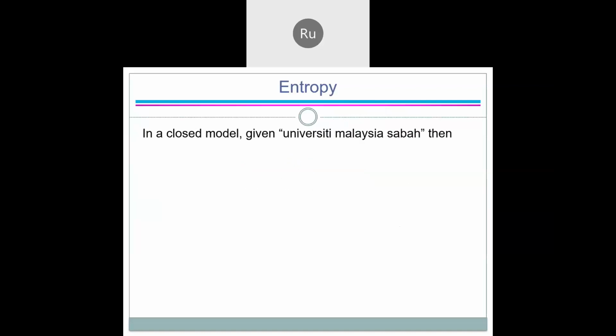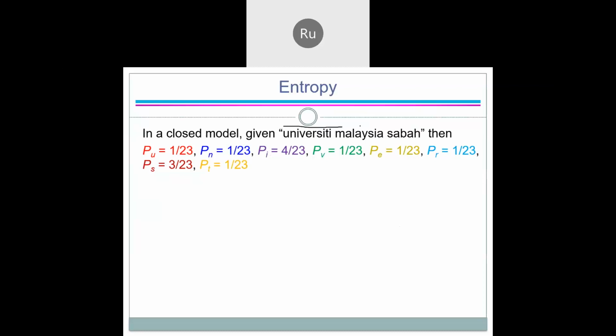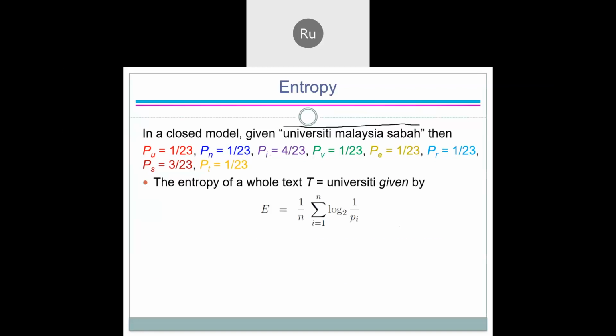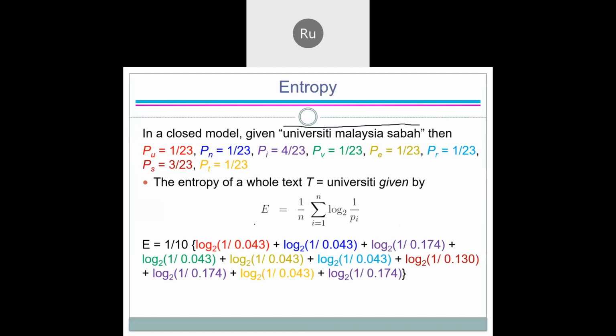Okay, so for example, in a closed model, given this, this is the probability of having all of U and I and so on. This is based on 23 symbols that we have here. When we use the formula here, the entropy of the whole text for university will be this. We take the U, it will be this one over this, and then log 2.